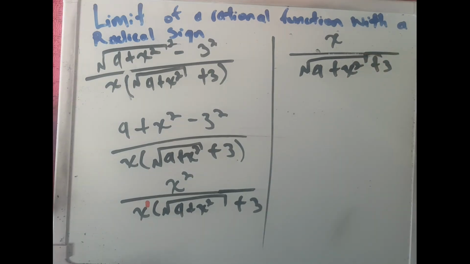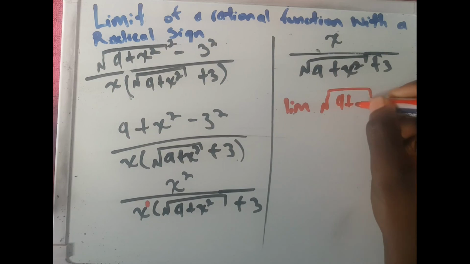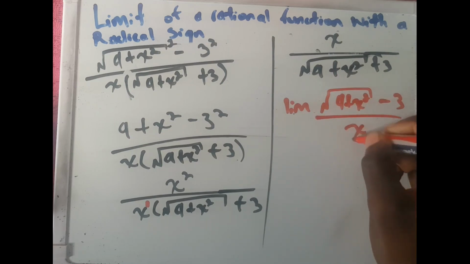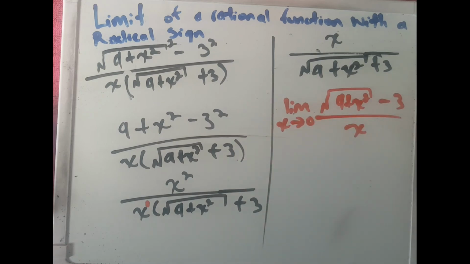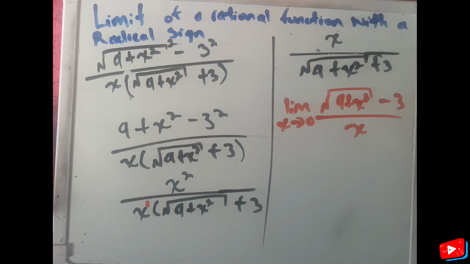Now we can directly substitute. Remember, the question was the limit of root 9 plus x squared minus 3 over x as x approaches 0. So as x approaches 0, this function approaches 0 as well. But let's evaluate this. So now we directly substitute 0 into this.